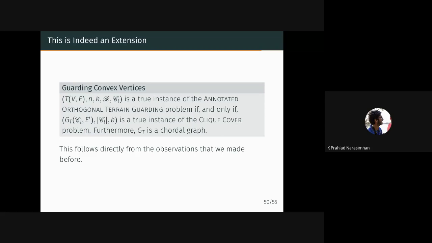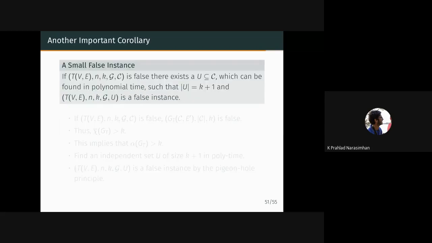So there is one more corollary, which was used in the paper that I mentioned before, which produced a nice algorithm for orthogonal terrains, right? Which looks like it came out of nowhere. So what it says is, if this particular annotated terrain guarding instance is false, then there exists a small set of size k plus 1, which is false.